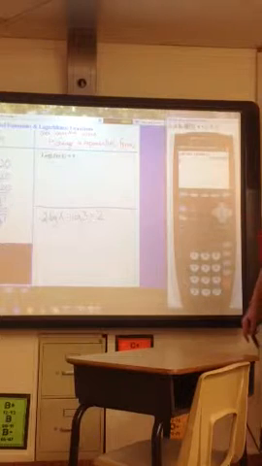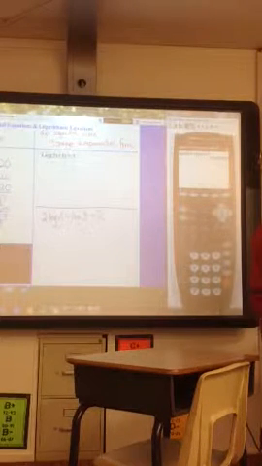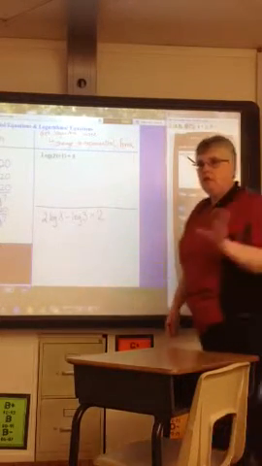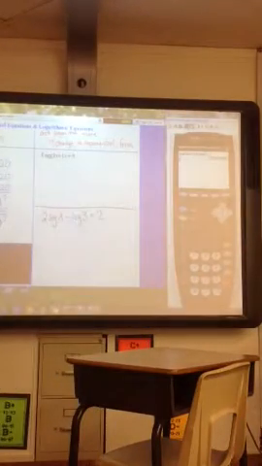And then you get a decimal answer and you round to whatever the book tells you to do. Now, that's one type of way of solving exponentials.